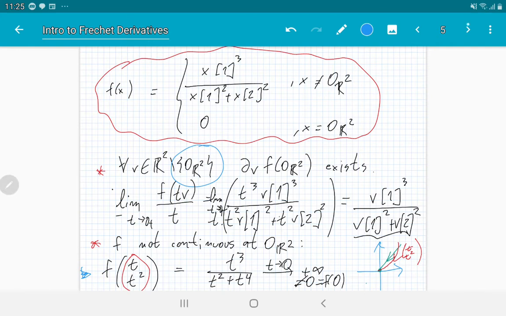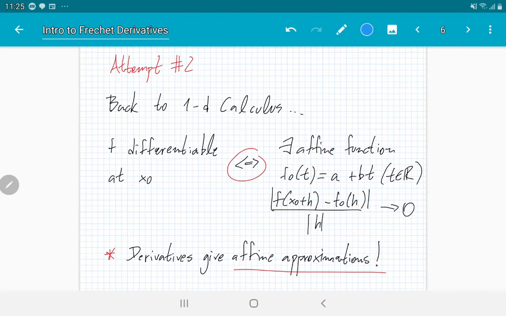And luckily we have a second definition, which comes from another intuition, from another perspective of derivatives for one-dimensional functions. So basically, directional derivatives try to define a higher dimensional notion of derivative by saying this: look at the function f along straight lines.